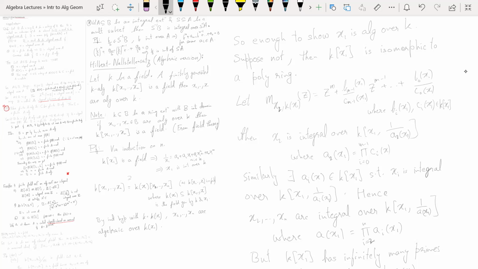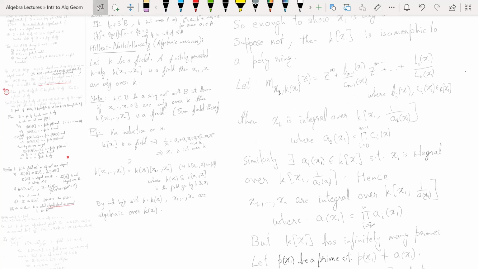Similarly, there is nothing special about x2. x3 to xn are all algebraic over k(x1). So we can find some polynomial a_i(x1) in k[x1] such that x_i is integral over k[x1][1/a_i(x1)]. Hence x2 to xn are integral over k[x1][1/a(x1)], where a is the product of these polynomials.